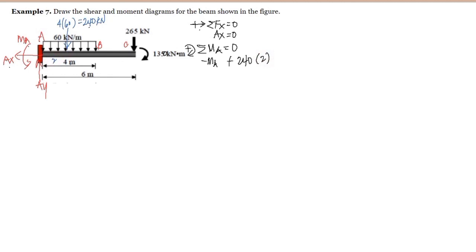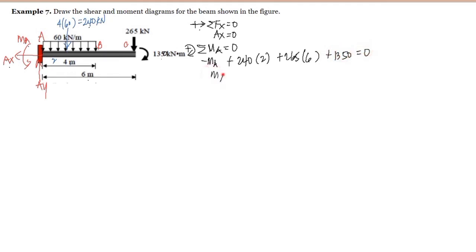And this 265 here will create clockwise rotation, so that's positive 265 multiplied by the distance of 6 meters. And this couple at the free end, which is 1,350 kilonewton meter, is positive because it is clockwise, and this is equal to 0.